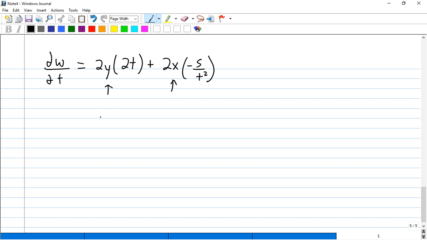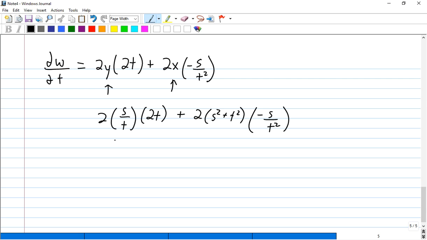So that would be 2 times s over t times 2t plus 2 times s squared plus t squared times 1 over, times negative s over t squared. So that's going to be 4st over t plus, got a lot of stuff to multiply together here.